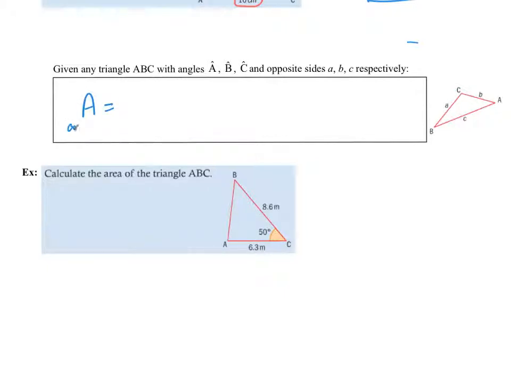I'm just going to write that so you don't think I mean the measure of angle A. The area of this triangle is going to be 1/2 times a times b times the sine of angle C. Or we could write it like this: 1/2 b times c times the sine of angle A, or we could write it like 1/2 a times c times the sine of angle B.